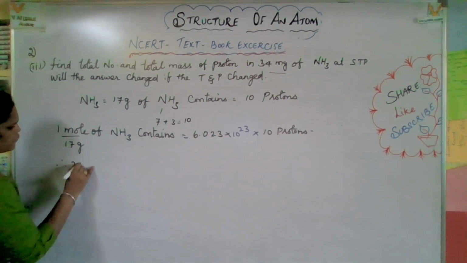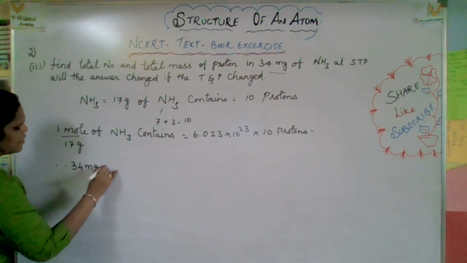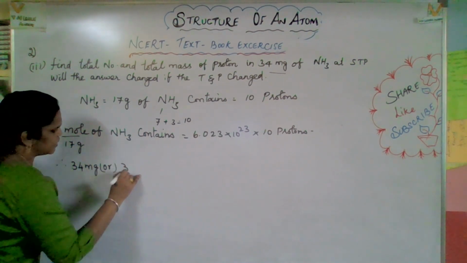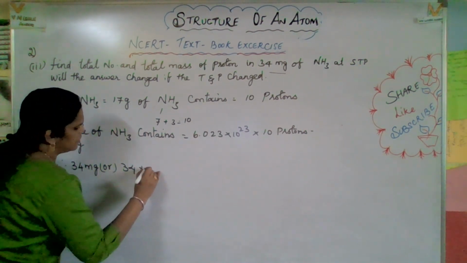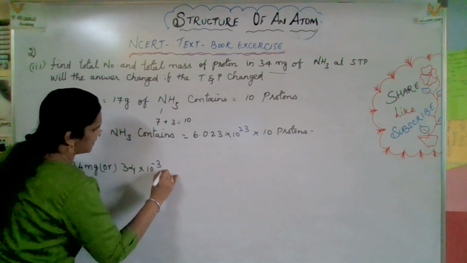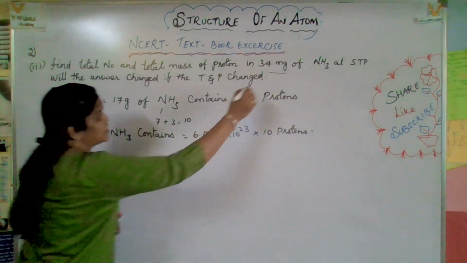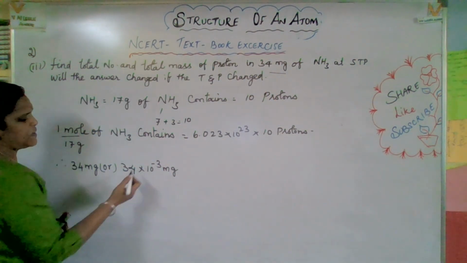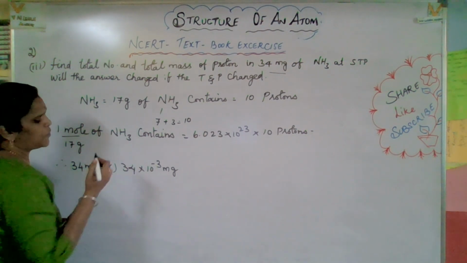Therefore 34 mg, or we can write it as 34 into 10 to the power of minus 3 gram. They are mentioning milligram, so I just mentioned here 34 into 10 to the power of minus 3.